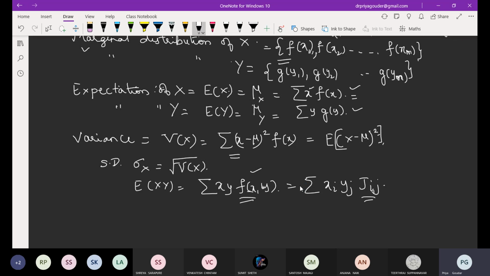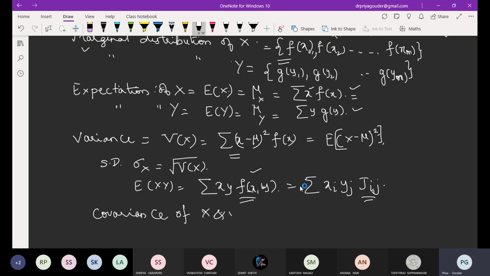After this, next is covariance. It is not defined for x and y separately. It is defined for them together.